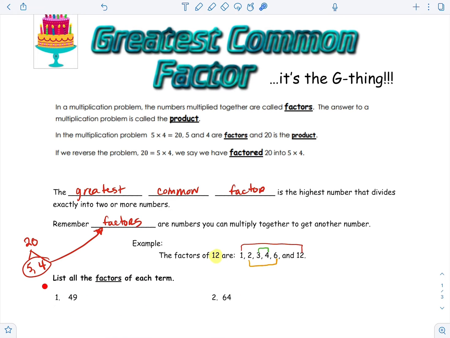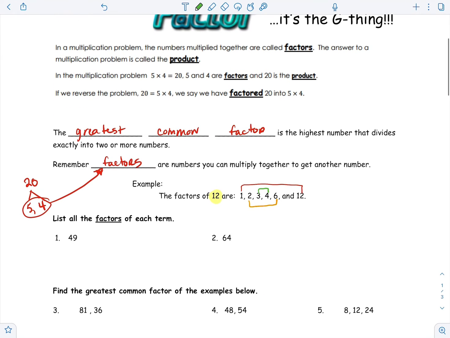So let's do some examples. It says list all the factors of each term. So we have 49. 1 is always going to be in the number because we can multiply 1 times the actual number we're working with to get that number. So 1, 49. We know that works. 2's not going to work. 3's not going to work. 4's not going to work. 5's not going to work. Neither is 6.